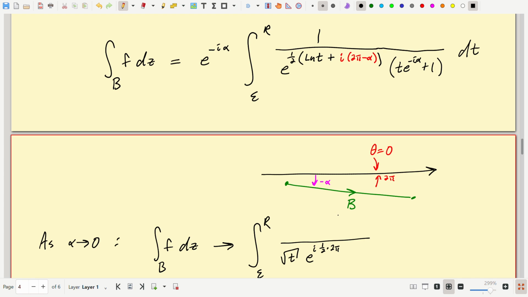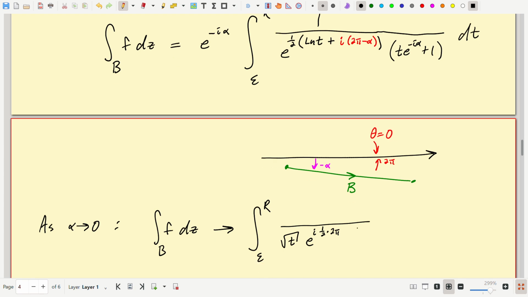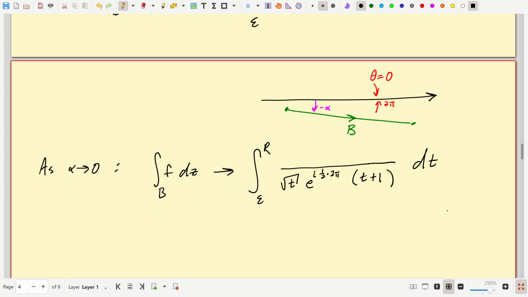Yeah, so as alpha goes to 0, that would just be an I 2 pi. And I've got 1/2 times I 2 pi when I put that through. And let's see, this part would just be t plus 1. And I'd have a dt left. And that's e to the I pi. E to the I pi is just minus 1.